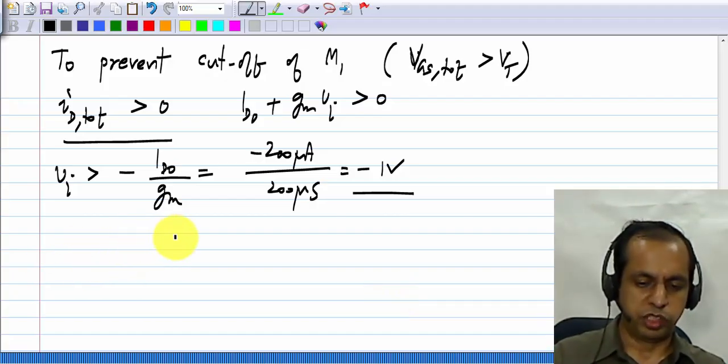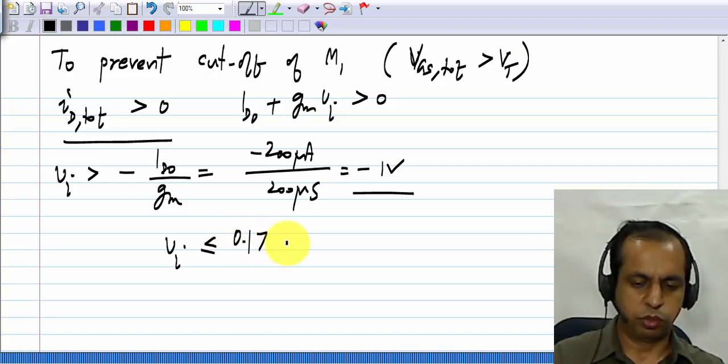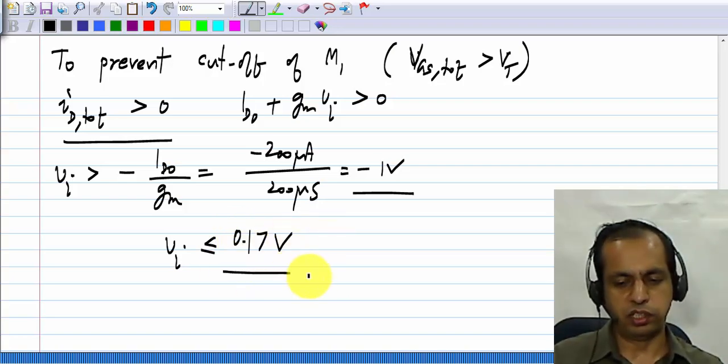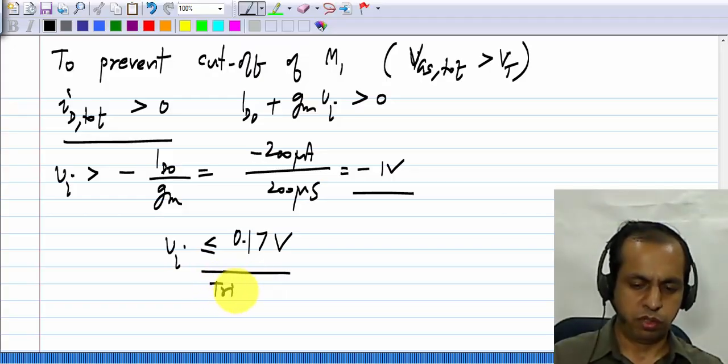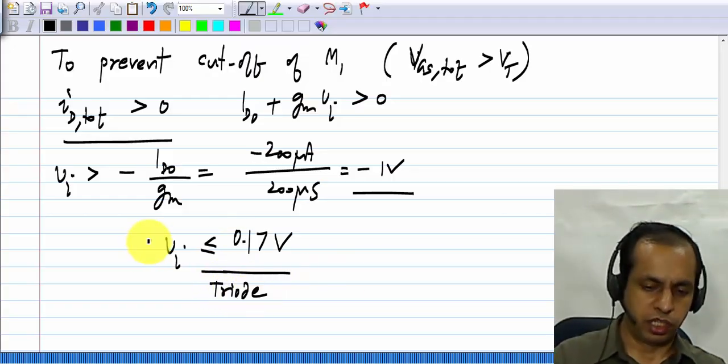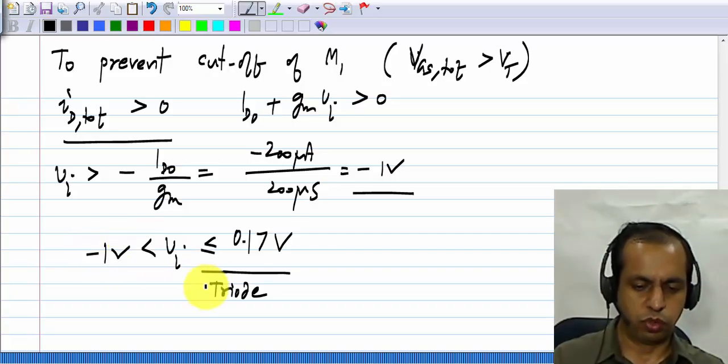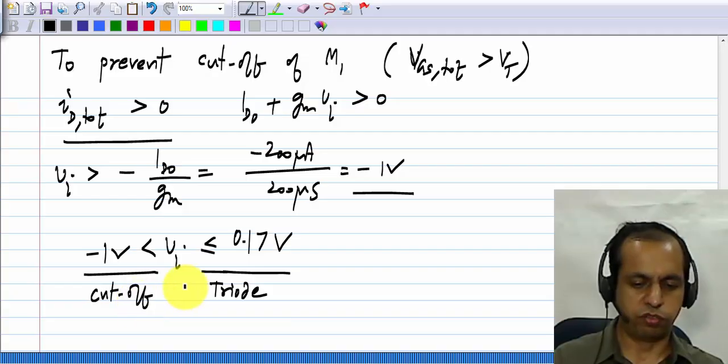So the limits for Vi are that Vi should be smaller than 0.7 volts, and this limit is to prevent it from going into triode region, and it has to be greater than minus 1 volt, and this limit is to prevent it from cutting off.